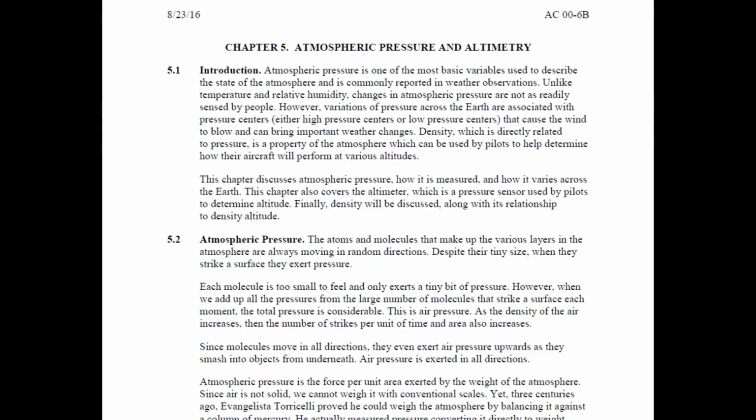Because if I need to take off, aircraft rotate at an exact set speed, and let's say that speed is 140. That speed is based off of an indicated airspeed.